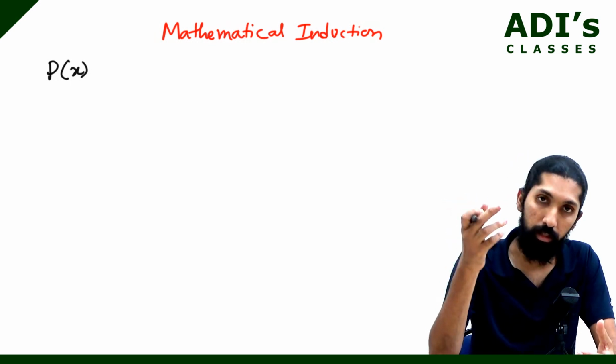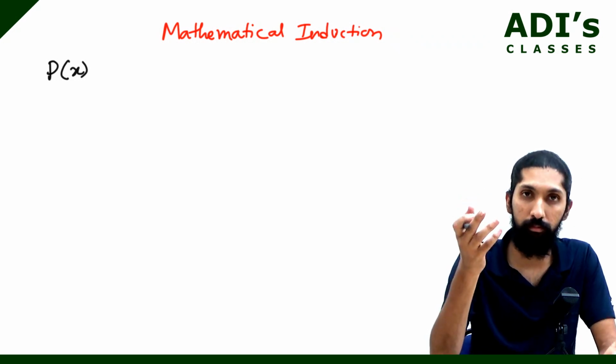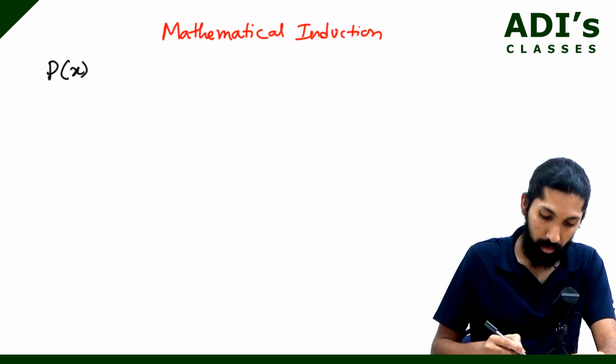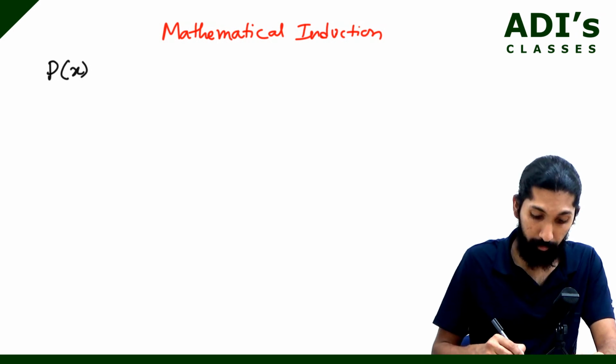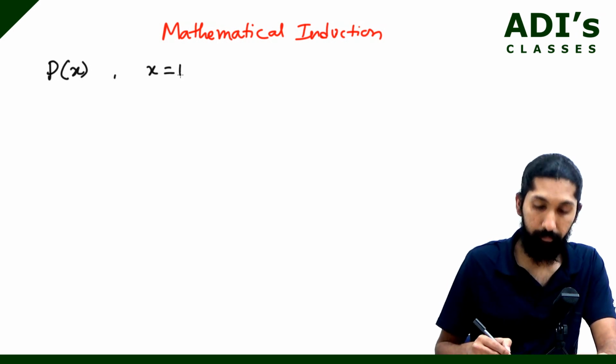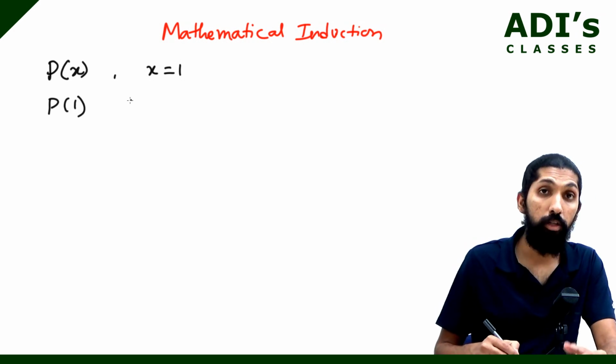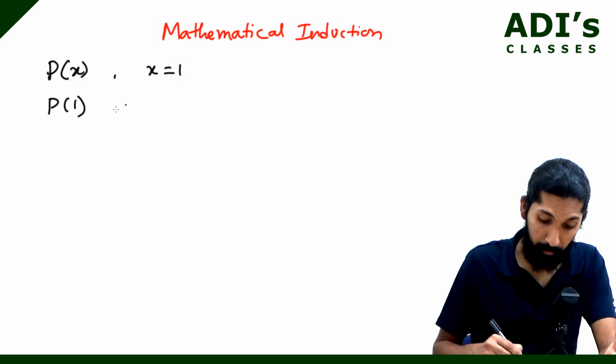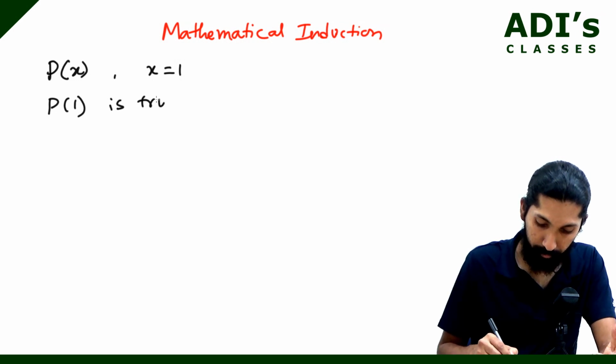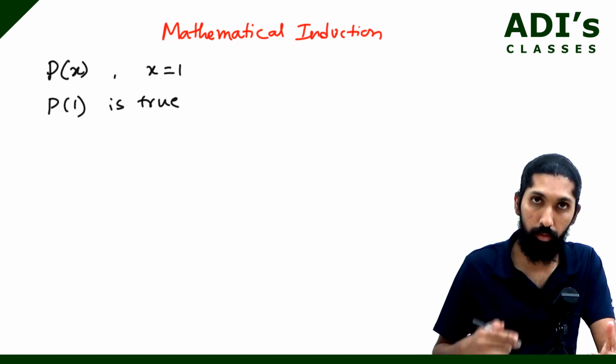Then we take the x value as 1, that means we do p of 1. We prove or show that p of 1 is true.